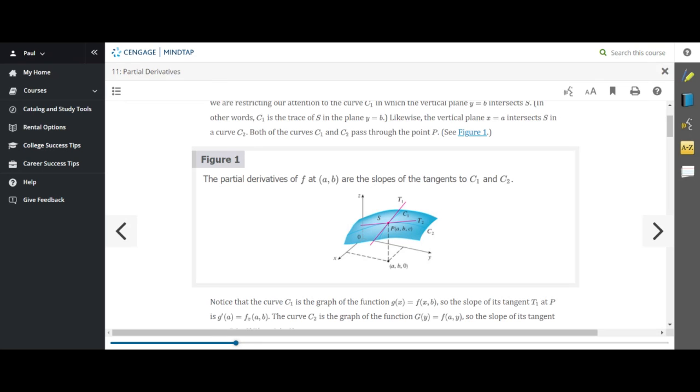However, if you look at the second tangent line, T sub 2, below it is space curve C2. That's a space curve on the surface. So in that case, you're holding the variable x constant, and you're letting y vary.